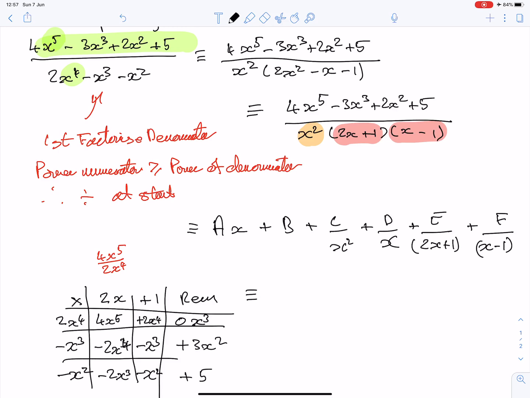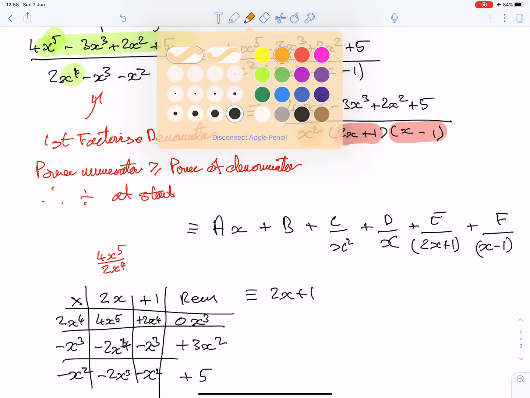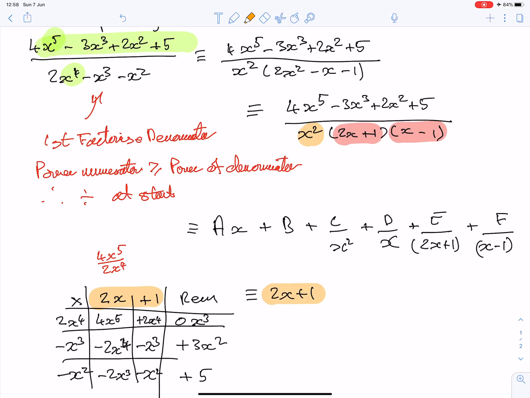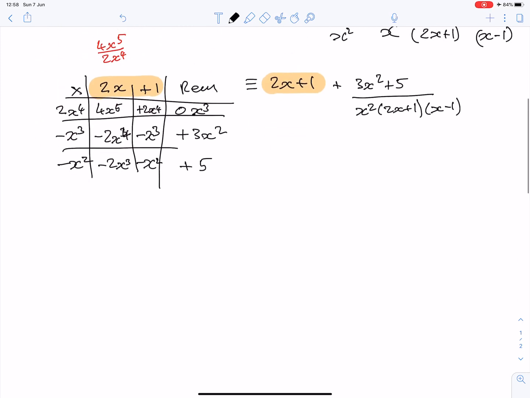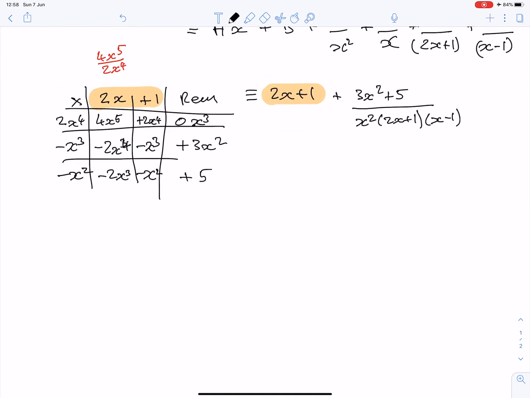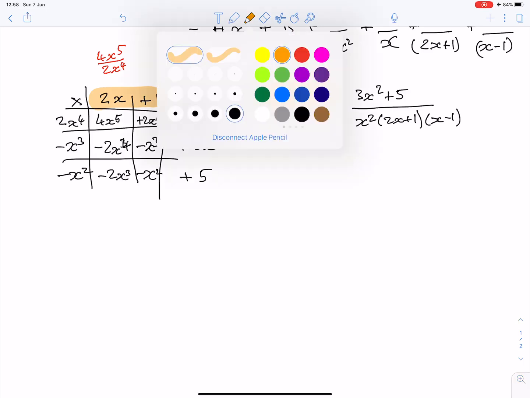So this is now equal to 2x plus 1 coming from here, and then our remainder 3x squared plus 5 still needs to be divided by x squared times 2x plus 1 x minus 1. And now we're going to use our partial fraction skills to do this section.